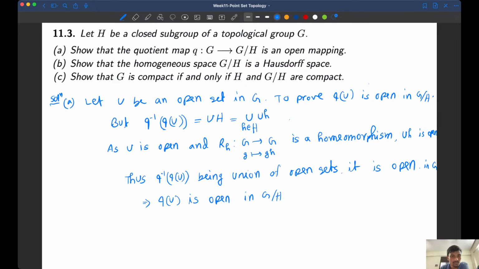Here we didn't use the closedness of H. This is always an open mapping, so closedness you don't need. Okay, so is this clear or is there any confusion? You just have to analyze what the inverse image of a point is, and then you clearly see the inverse image is nothing but a union of open sets.